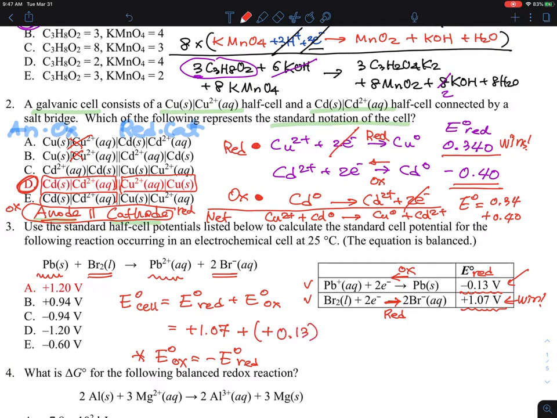So therefore 1.20 volts, and that will be your standard electrochemical cell potential, right? That's what E naught cell means.